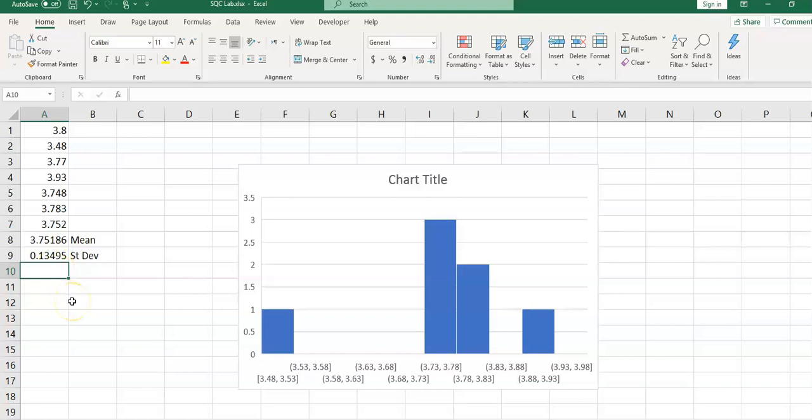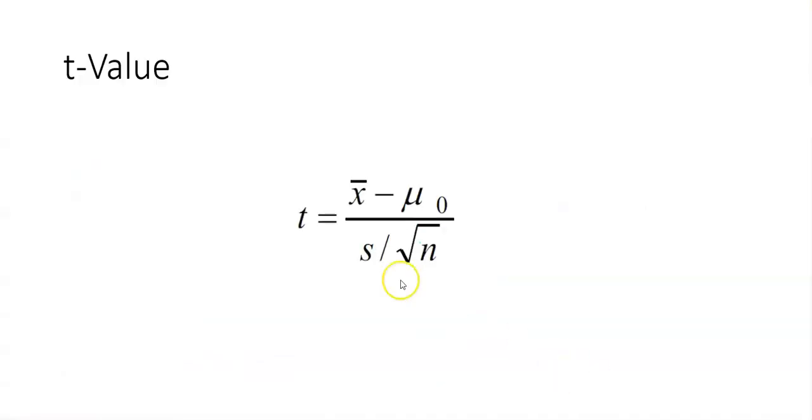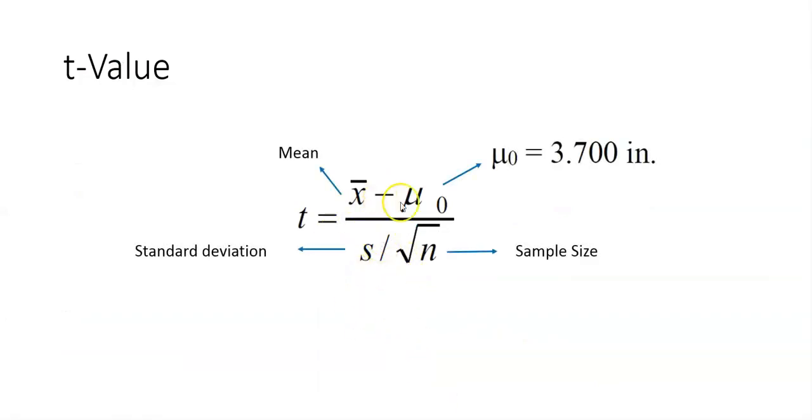I need to calculate t-value. Here's the t-value: mean minus mu sub 0, which in this experiment is 3.7. It refers to null hypothesis, and it is the average length of the rod, divided by standard deviation over square root of sample size.